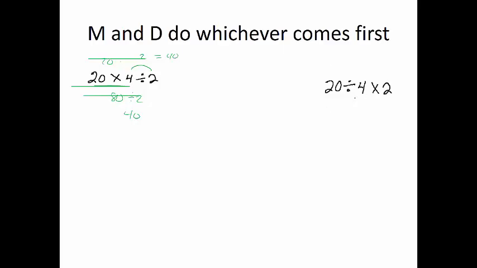But look what happens over here. 20 divided by 4 here is 5, and then 5 times 2 is 10. But if we did this first, 4 times 2 is 8. 20 divided by 8 is not 10, so that's not going to work out the same. So when we're following the order of operations, just make sure you do multiplication or division, whichever comes first. That's the one that you're going to do first.